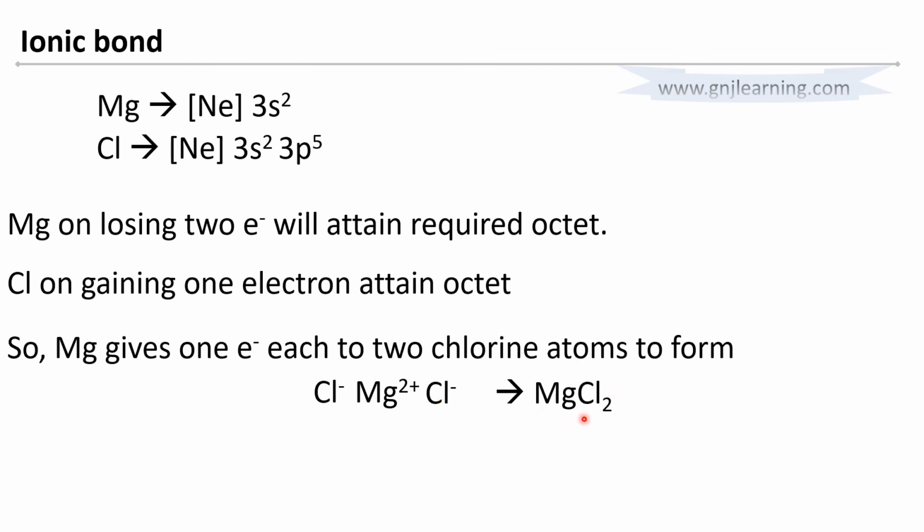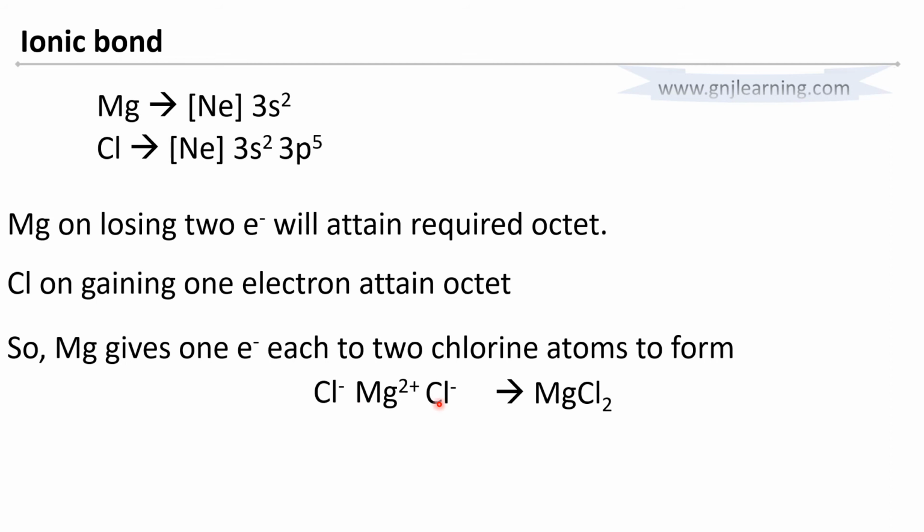If you're writing it as a molecule, you can write it like this, but inside the molecule they will be like this as ions: one cation with 2 positive charge and 2 anions with a negative charge each.